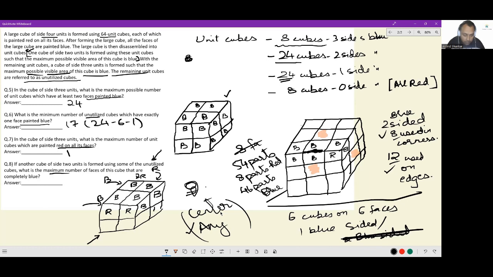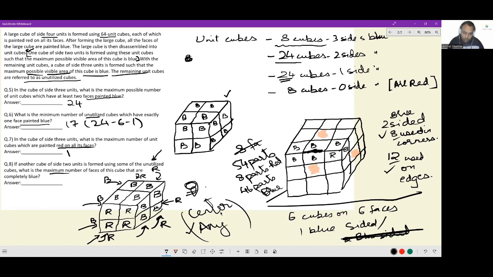So what I'll do is I'll put this as blue. So this side here will be red and this bottom here will also be red. Similarly, one side blue cube I will put here. This bottom will be red and this side will be red. Similarly, on this side, I will put one face cube blue. So the front would be red and the bottom would be red.